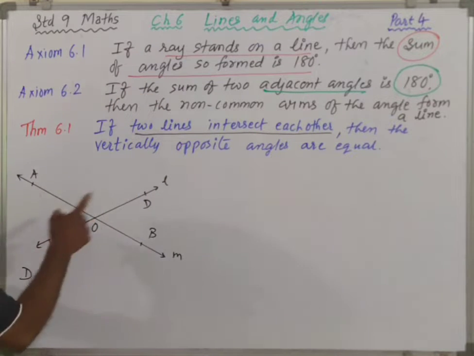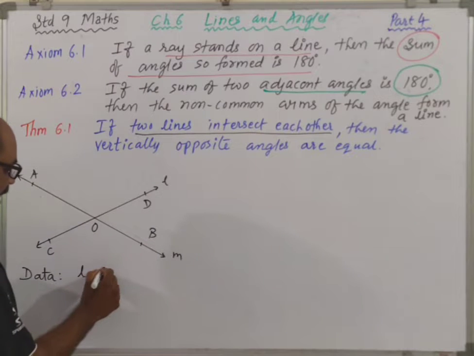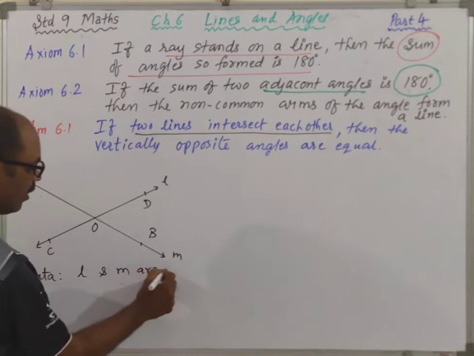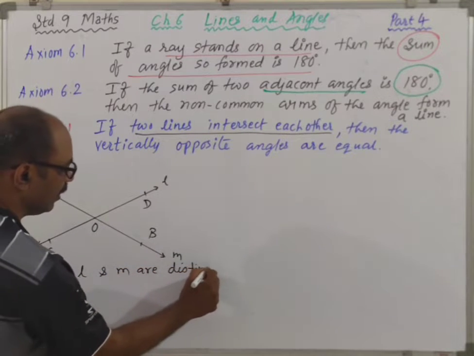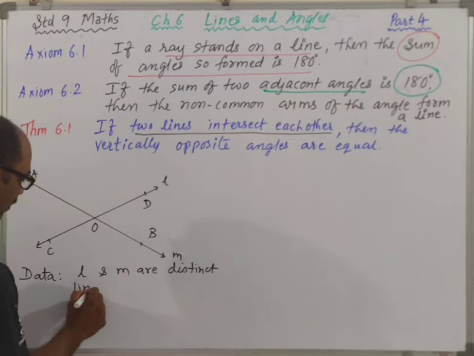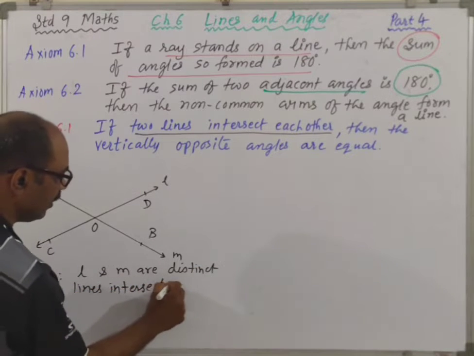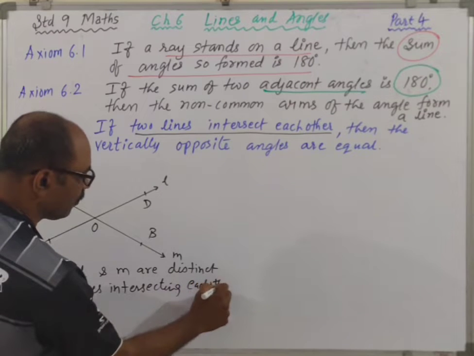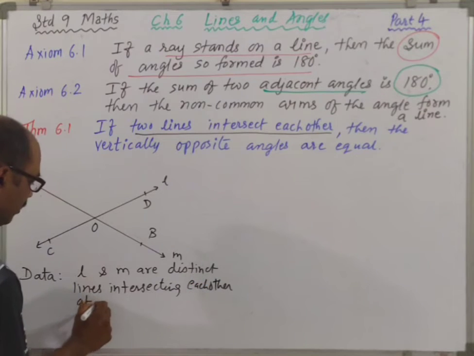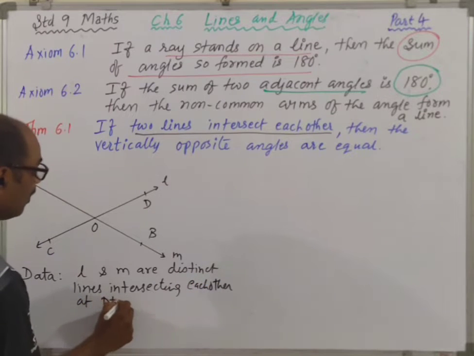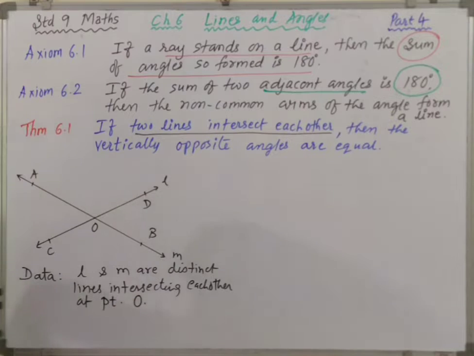So here that is given in the data. L and M are distinct lines intersecting each other at point O. That's it. You have to prove that vertically opposite angles are equal.